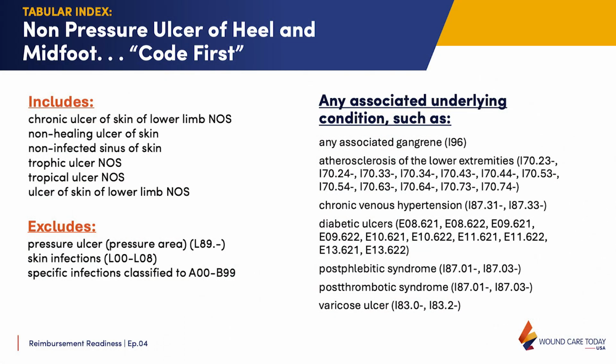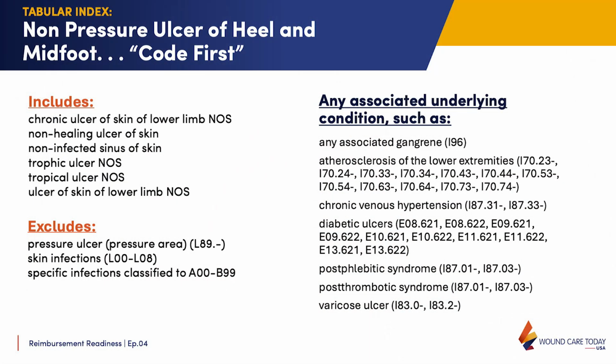So under the tabular, you're going to find the non-pressure ulcer of heel and midfoot, and it's going to tell you to code first. Remember, we saw on the last slide, it instructed to use the L97 codes. So now we're in the L97 codes in the tabular, and it says to code first any underlying conditions such as gangrene, atherosclerosis, chronic venous hypertension, diabetic ulcers, post-phlebitic syndrome, post-thrombotic syndrome, and varicose ulcer.